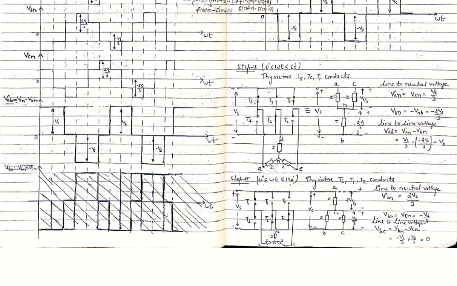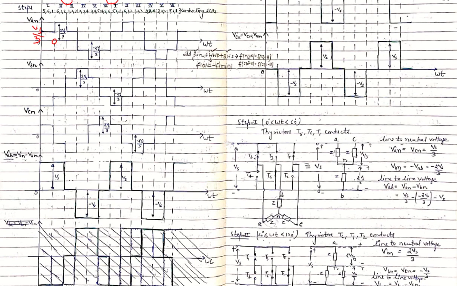We can subtract these voltages directly from the waveforms of Van, Vbn, Vcn. If we want to obtain Vab, we take Van minus Vbn. So this is Van, this is Vbn. After 60 degrees, Van is at a level of 2 Vs by 3, and Vbn has a value of minus Vs by 3. If we subtract minus Vs by 3 from plus 2 Vs by 3, then the value Vs will be obtained.